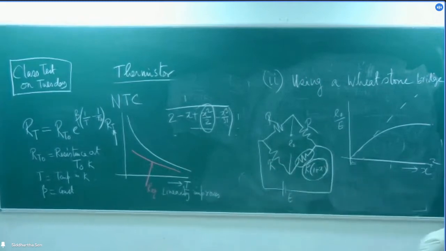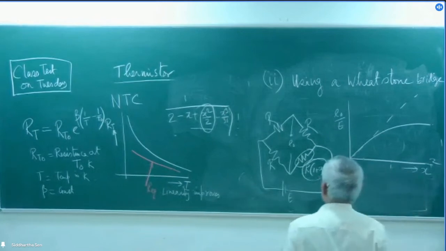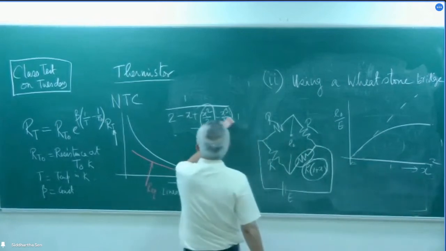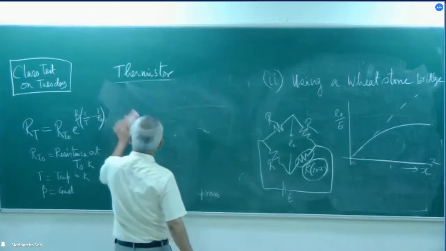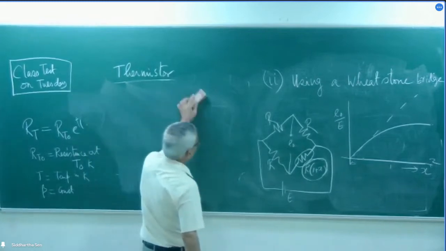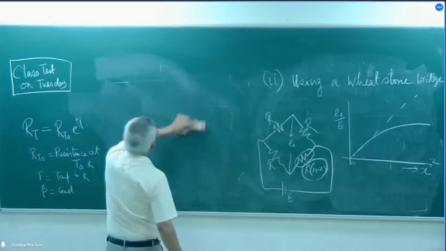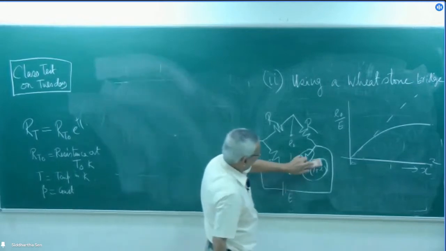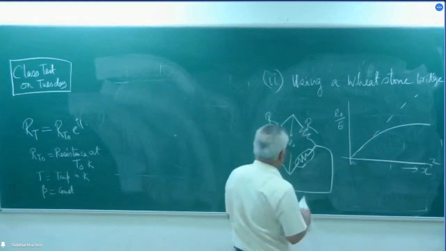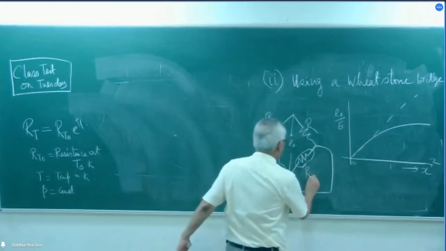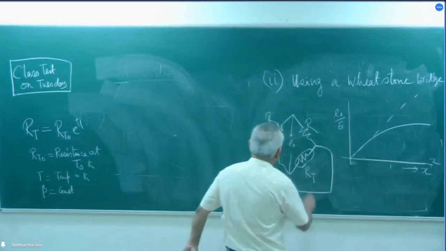So I just put it in this way. I am not going into details of it, but I can say that if it is a thermistor, let this be your R thermistor there.